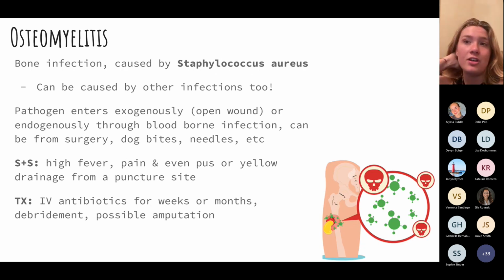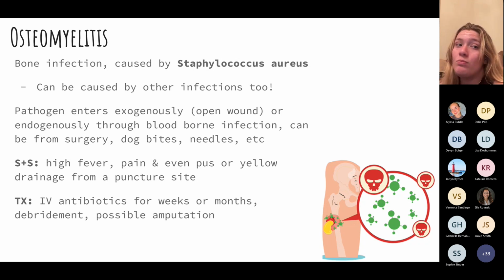Osteomyelitis, this is an infection of my bone. Usually it's caused by S. aureus, but any other thing could cause a bone infection. Lots of different causes: bites, needles, contaminated surgical equipment, all the above. Usually you'll see them with fever, pus, drainage, etc. What's kind of unfortunate with osteomyelitis is usually they're going to be on a heavy dose of antibiotics. It can be weeks or even months.